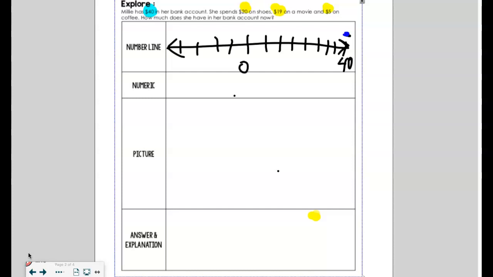And then she spends 20. So let's count down: 5, 10, 15, 20. So then we are at 20. Then she spends $19, so we're going to subtract 19, goes all the way down to $1.